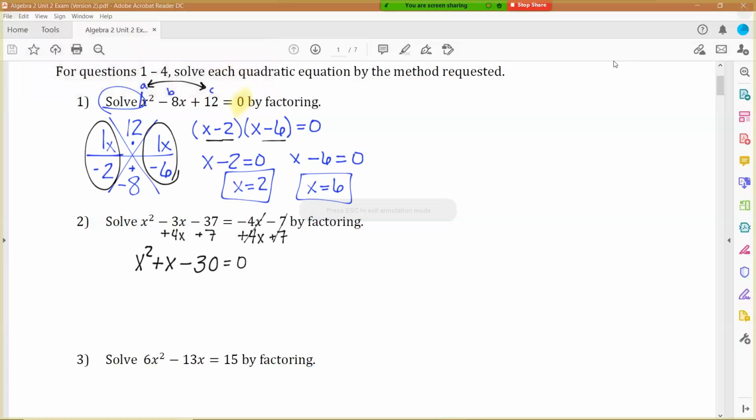So now again, we have three terms set equal to 0. I'm looking for a greatest common factor, but again, there is not a greatest common factor. So I'm just going to fill out my asterisks. We have an a value of 1, a b value of 1. And then for the top middle, when I multiply 1 times -30, I get -30.